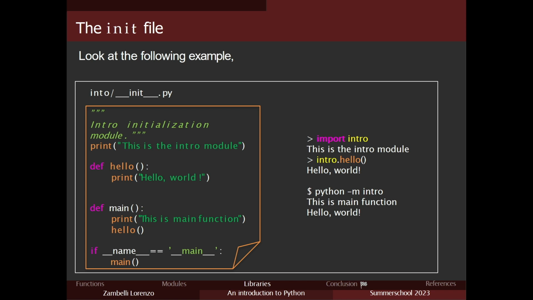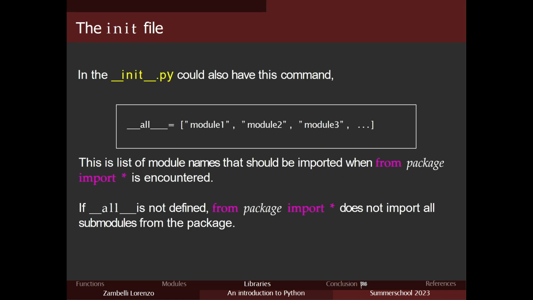Then we call the function hello, because we defined the function hello, and indeed we have hello world. But the particular part about if __name__ == "__main__" is that in the command line, if you write python -m intro, then you are running the code that is inside the if statement.